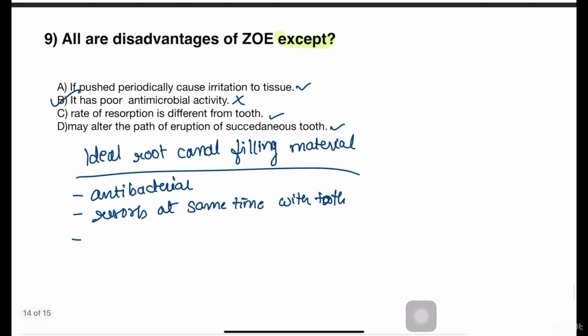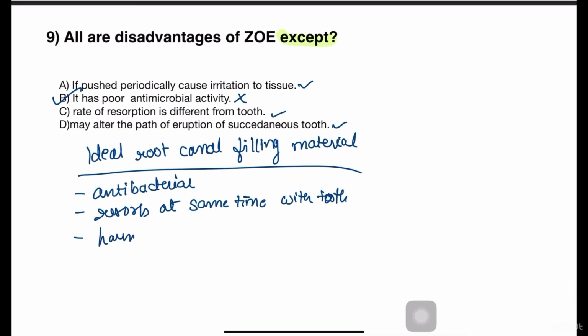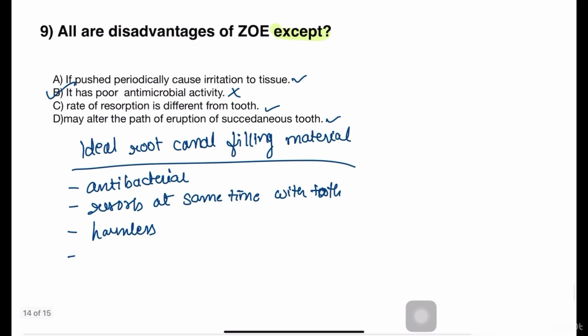Then it should be harmless. Then it should be non-irritable to both the underlying developing tooth bud and the periapical tissues surrounding, and it should be easy to apply. So these are the ideal requirements of a root canal filling material.